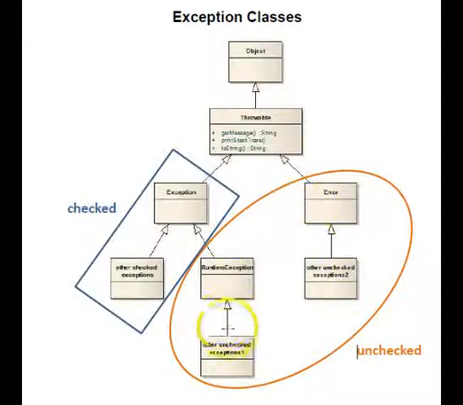Unchecked exceptions generally involve problems in the program, logic problems, programming problems, things that need to be fixed in the program. So it's a good thing for the program to blow up and not continue to go on in a state that could cause undiagnosed damage.